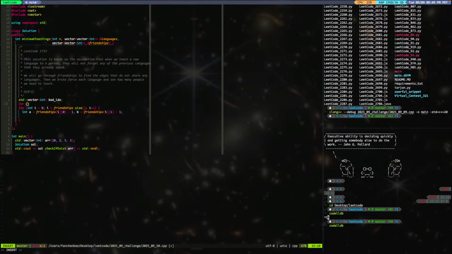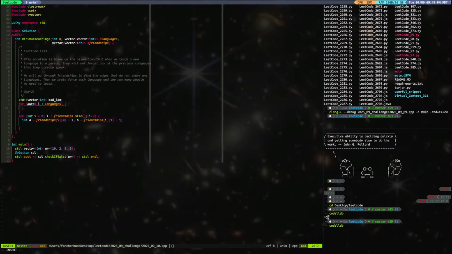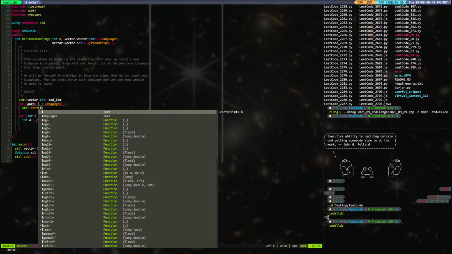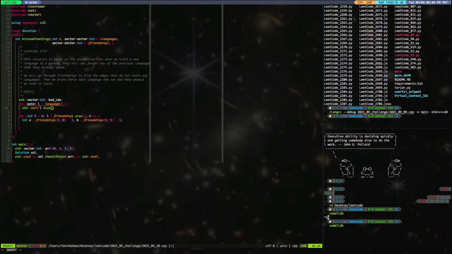So for auto L of languages, we basically say std::sort(L.begin(), L.end()). So this will be O(n squared log n) already. This is n log n, this is n.